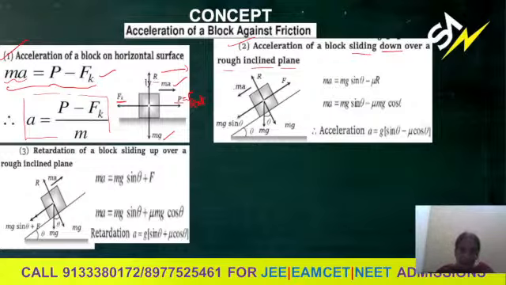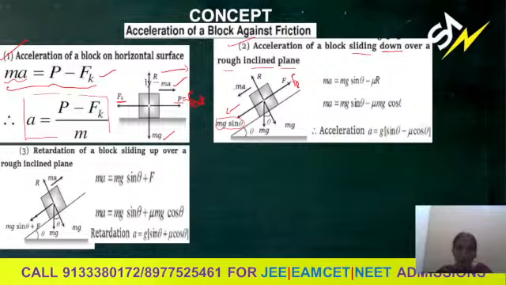So mg sin theta component helps the body to move down the surface, so it has acceleration downward. To oppose this relative motion between contact surfaces, frictional force will act in this direction, that too limiting or maximum friction develops.